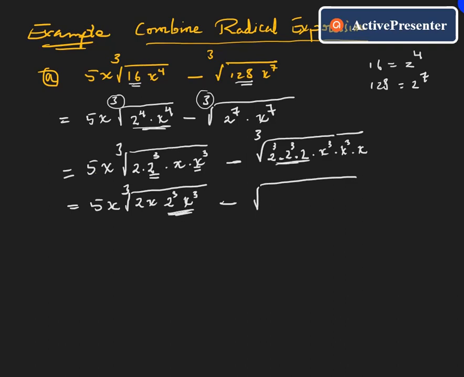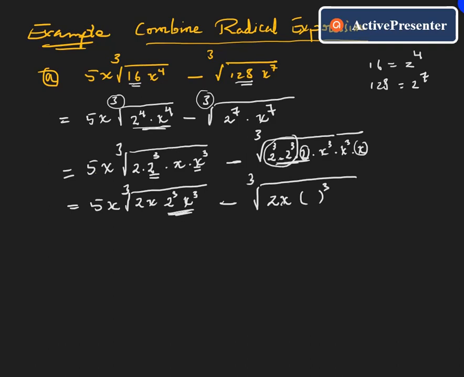Now we can do something here. Before that, let's take those who cannot be eliminated, which are 2x, together. So, 2 to the power 3 multiplied in 2 to the power 3. We want something to be at the power of 3 because we have here the third root.